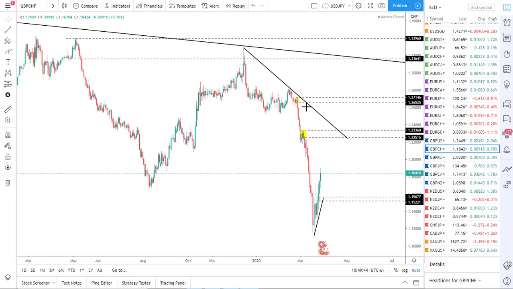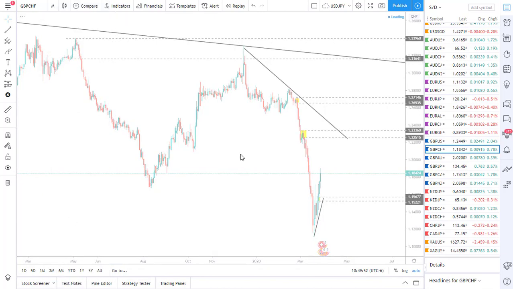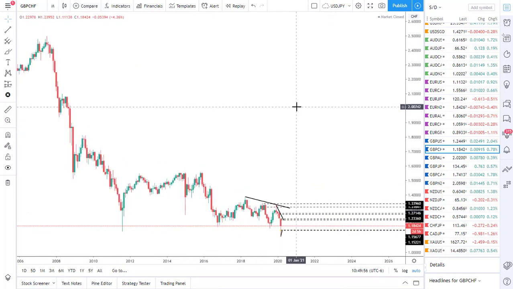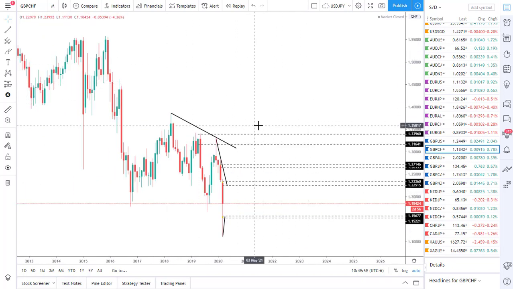This is the first one, GBP-CHF. Let me show you what I got here. First thing is that, of course, monthly and weekly supply are in full control of the market.